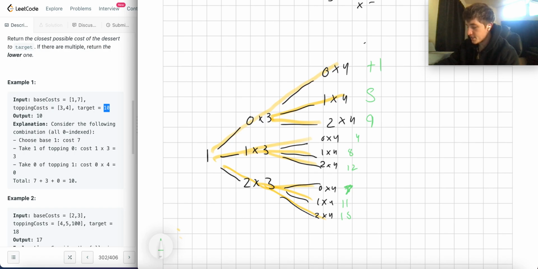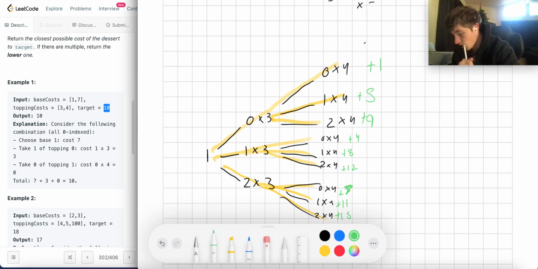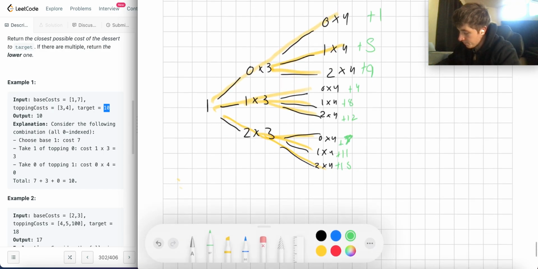Okay, so those are the prices of using all of these ice cream combinations, right? So I pretty much know the cost of everything associated with using this topping or whatever.